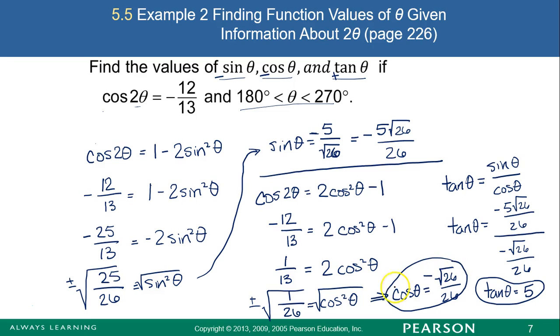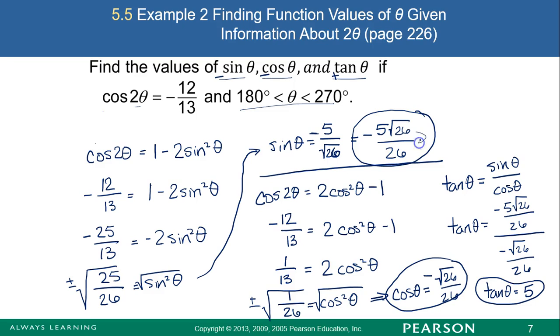Here's tangent. Here's cosine. Sorry, I messed up circling that. And here's sine. And that's all we're asked to find. Now, if you were asked to find the secant, cosecant, and cotangent, and I'm pretty sure the book does, at this point that's fairly easy. To find cosecant, take your sine value and do the reciprocal.